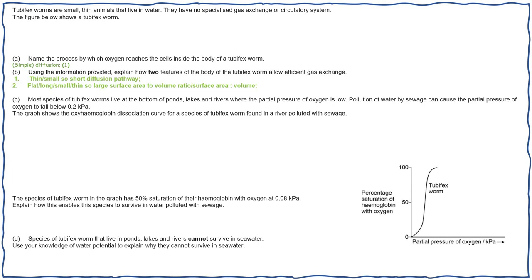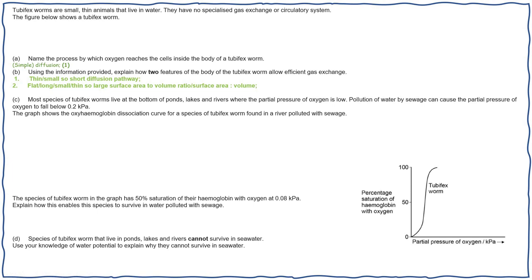Most species of tubifex worms live at the bottom of ponds, lakes and rivers, where the partial pressure of oxygen is low. Pollution of water by sewage can cause the partial pressure of oxygen to fall below 0.2 kilopascals. The graph shows the oxyhemoglobin dissociation curve for a species of tubifex worm found in a river polluted with sewage. The species of tubifex worm in the graph has 50% saturation of their hemoglobin with oxygen at 0.08 kilopascals.